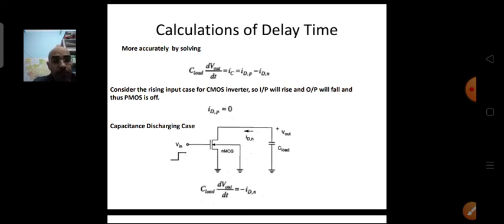So apply the KCL to an inverter, and you will see that IC is equal to IDP minus IDN. So if IDP is equal to 0, your equation will become C load, the load capacitance, into dVout by dt is equal to minus IDN.